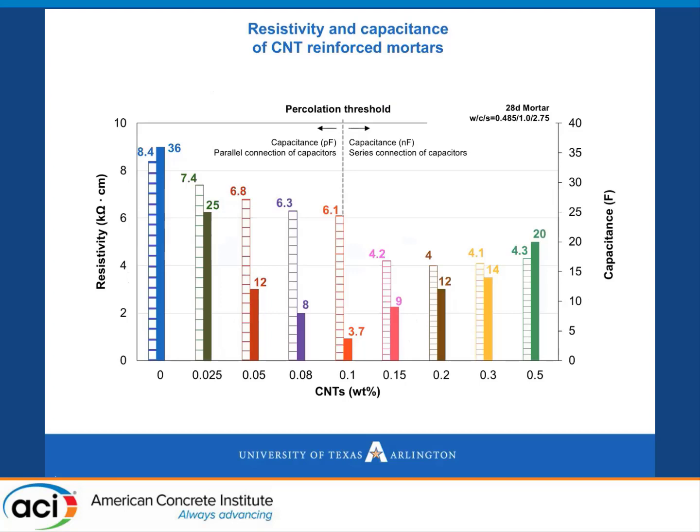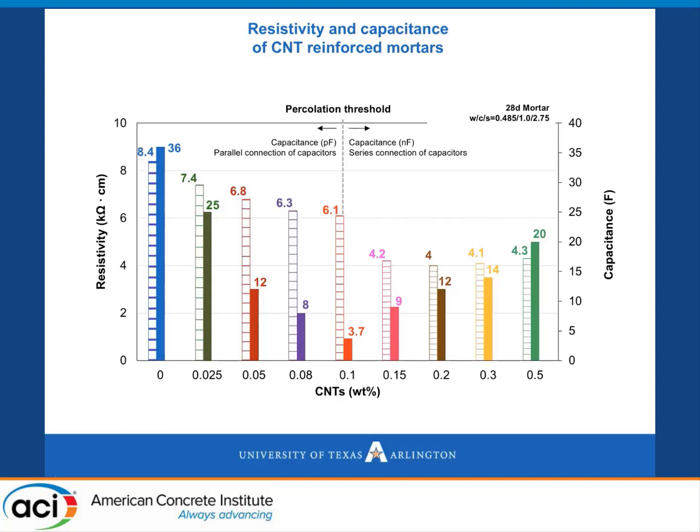With the capacitors connected in parallel, values of both resistivity and capacitance decrease up to 0.1% per weight of cement CNTs, where the percolation threshold is established.